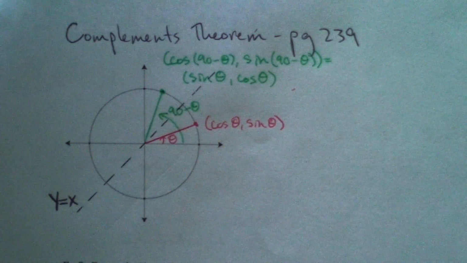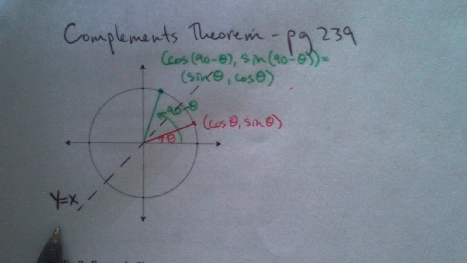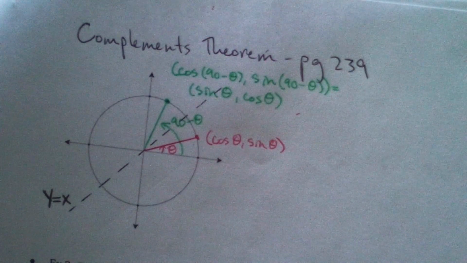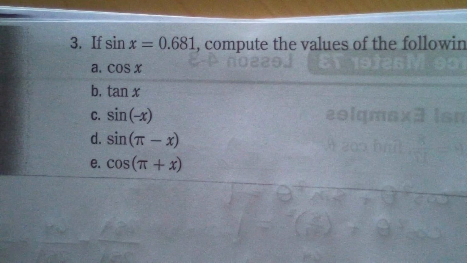With that Pythagorean one, it's always cosine squared of theta plus sine squared of theta is equal to 1. Here, if we know what our sine is, we can put that in for the sine, but we have to take it to the power of 2 since it's sine squared.